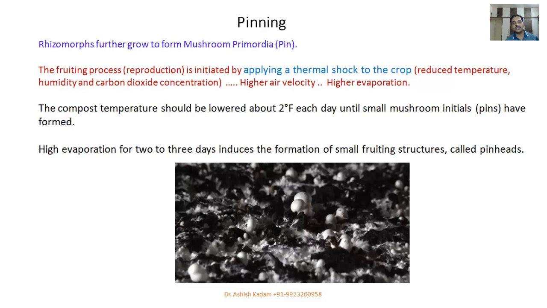So when you are going for the fructing process, the air velocity has to be increased over the bags, over the beds, and we have to measure that air velocity. The air velocity has to be in a certain range, 0.4 to 0.6 meter per second, and that has to be uniform over all the thousands of bags in your growing rooms.